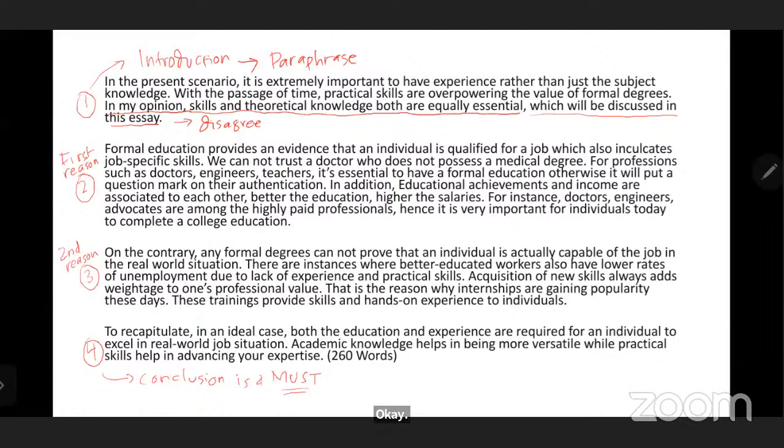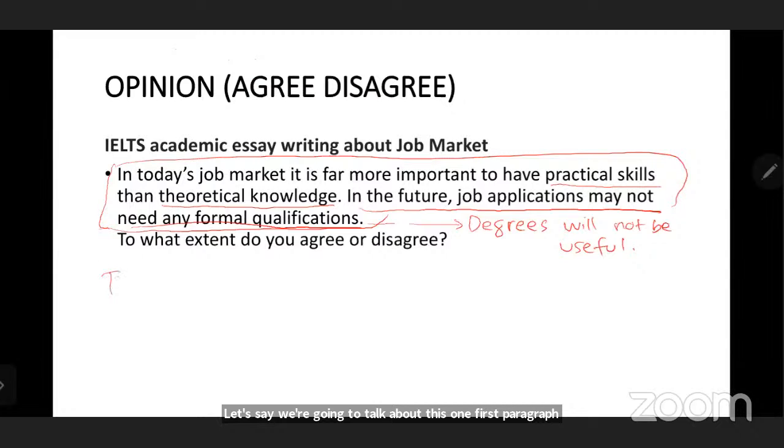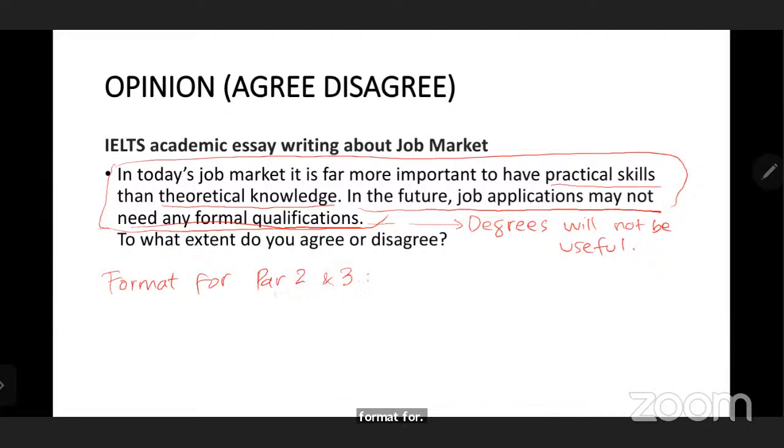Okay. And here, let's say, we're going to talk about this one first. Paragraph 2 and paragraph 3 in the format. Format for paragraph 2 and 3. Okay. In paragraph 2, you have to give your first reason, and in paragraph 3, you have to give your second reason. First sentence, it is your statement or reason.